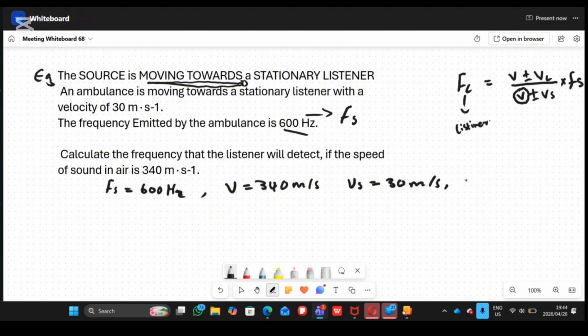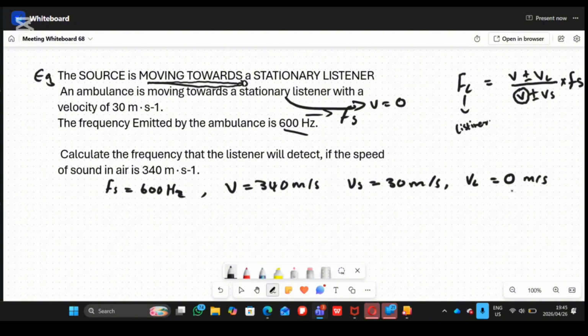You also have the velocity of the listener, which is 0. Stationary means not moving, so the velocity is 0 meters per second. You are looking for the frequency that the listener will detect.